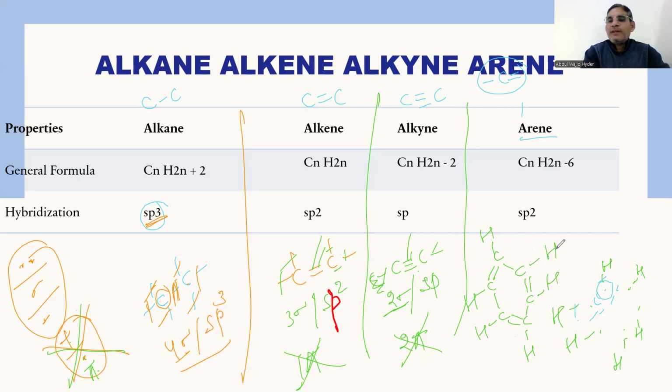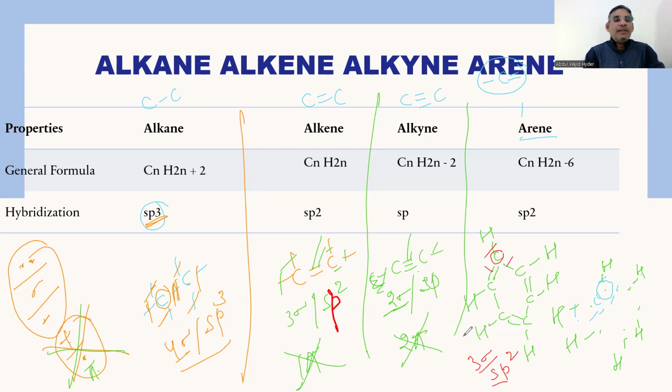Each carbon here will be having 3 sigma bonds. 3 sigma means sp2. So in arenes or aromatic hydrocarbons, the first example is benzene, and its hybridization will be sp2.